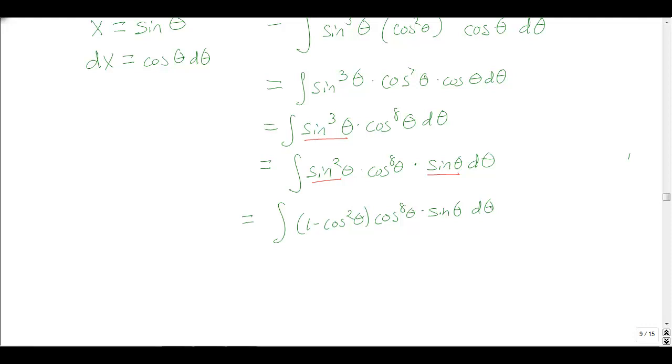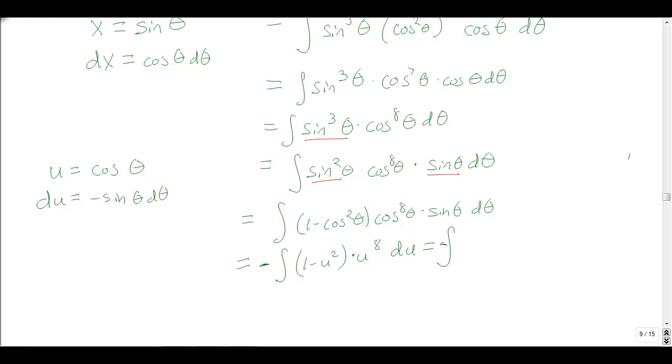Okay, now my substitution. Well, I had x equals sine theta, so let's actually use u. I don't want to use x because that stands for something already. So I'm going to let u equal cos theta here, and then du equals negative sine theta d theta. So we do this substitution. In the antiderivative, 1 minus cos squared theta, that's 1 minus u squared. Cosine to the 8th theta, that's u to the 8th. Sine theta d theta, that's almost du, but I need a negative. So I'll pop a negative out in front and get a du.